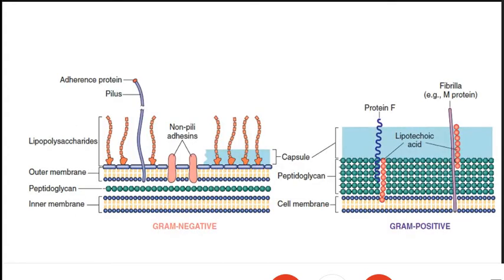So po, this is just now a picture of your bacterial structure wherein, di ba, ang cell wall ng ating gram-negative would be composed of your thin peptidoglycan layer plus your outer membrane wherein you have there your lipopolysaccharides.